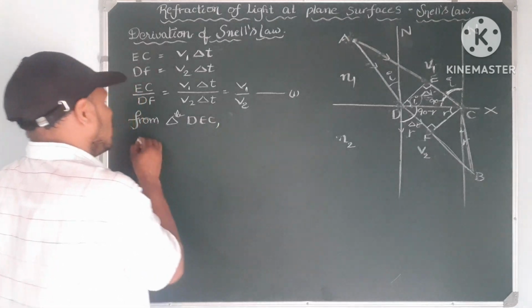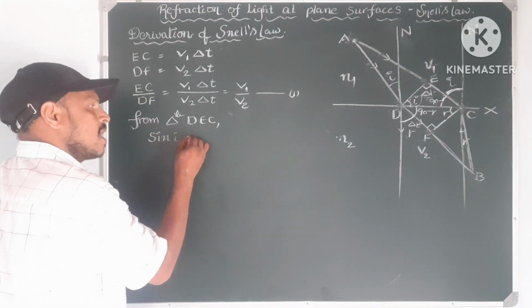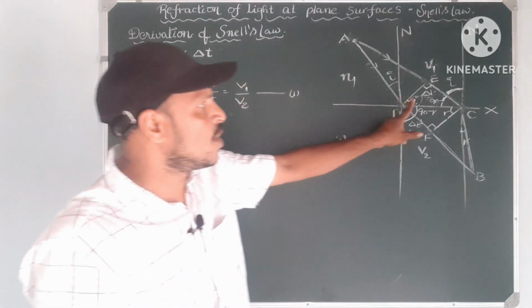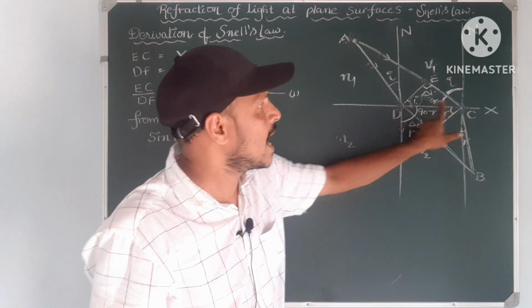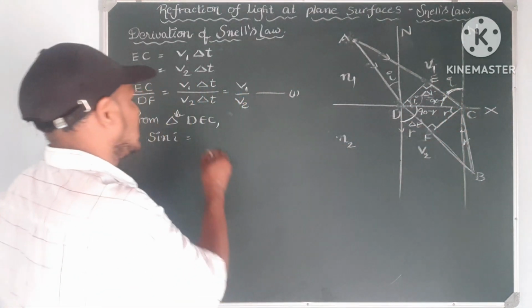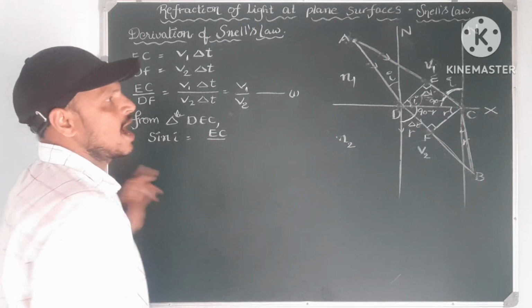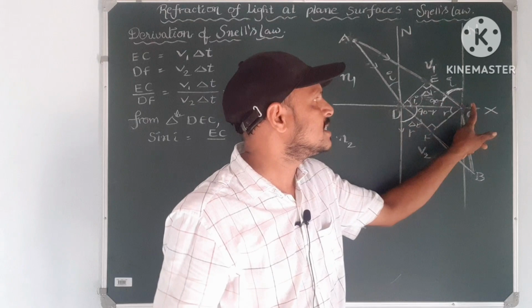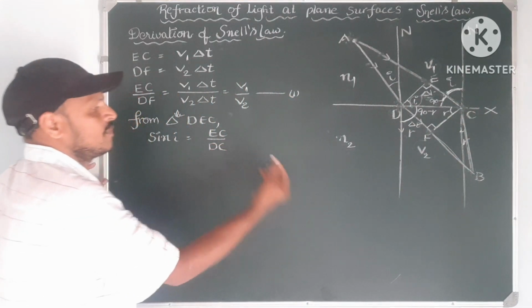Sine I is equal to, sine function means opposite side by hypotenuse. What is the opposite side? EC by hypotenuse DC.